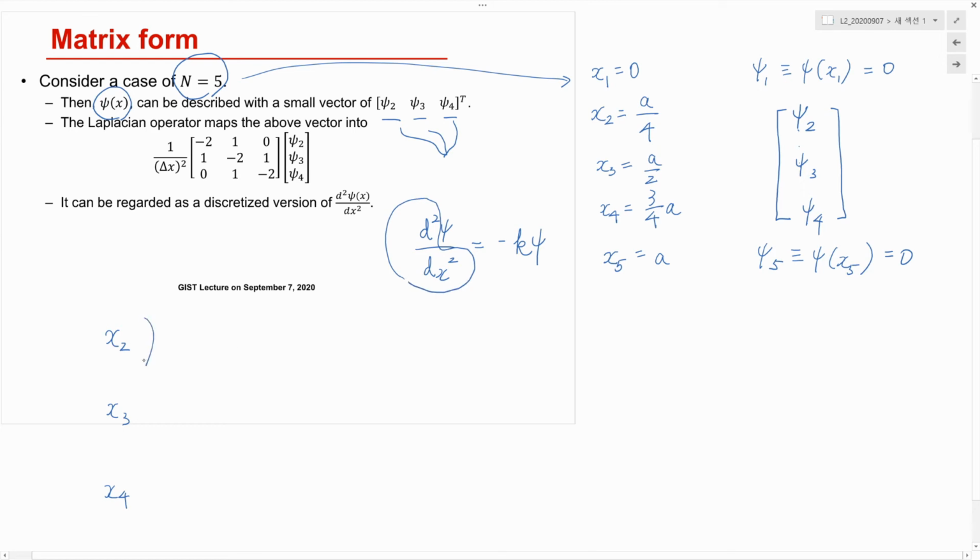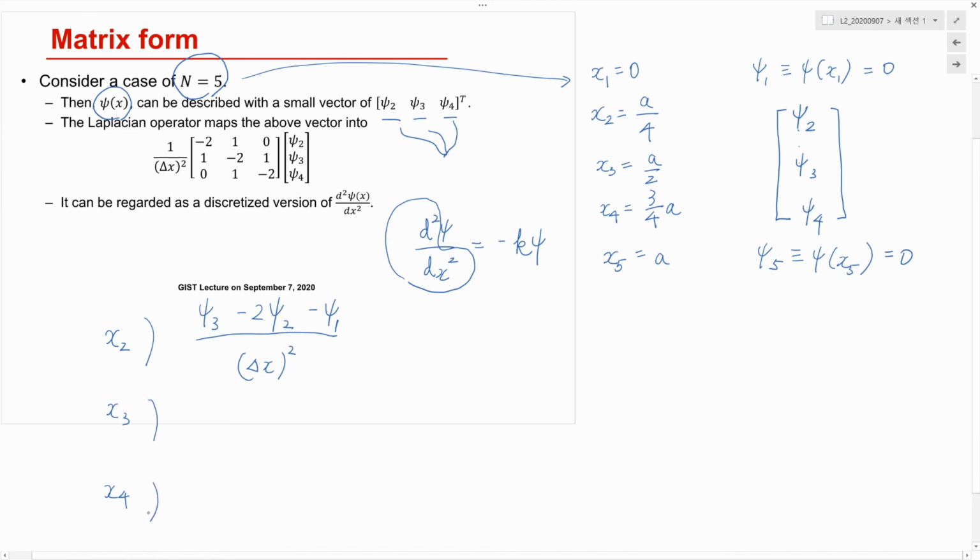Then at x equal 2 we have something like this: common factor 1 over delta x squared, and we have psi 3 minus 2 times psi 2 plus psi 1. That is discretized form of our Laplacian operator.